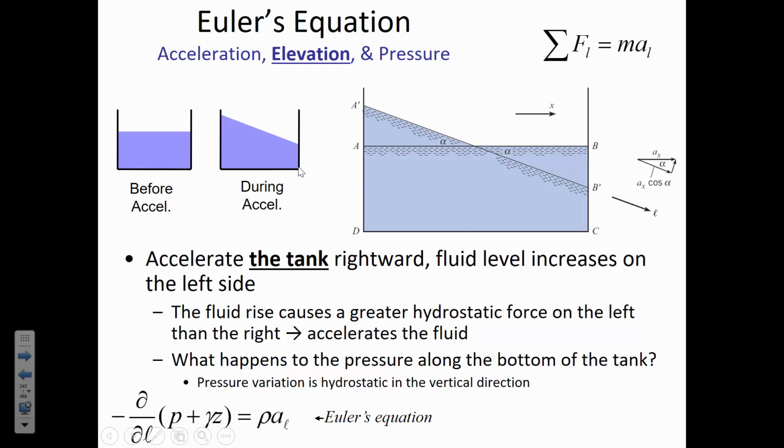So this is just a horizontal acceleration. It's only accelerating in the x direction, but the pressure is changing as you go in the x direction. Because there's more liquid above the bottom left-hand corner than there is the bottom right-hand corner. The delta H is shallow on the right side, the delta H is deep on the left side.